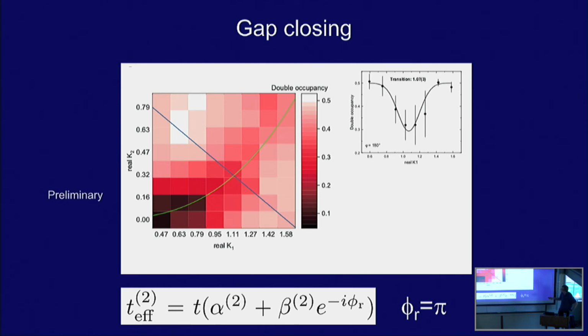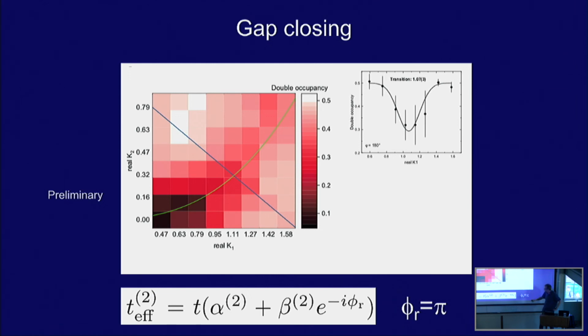And we can see that the theory line is here. That's where you should have vanishing double occupancy, on this green line. And we see we have a minimum. We have not completely vanishing double occupancy, and particularly not up here.